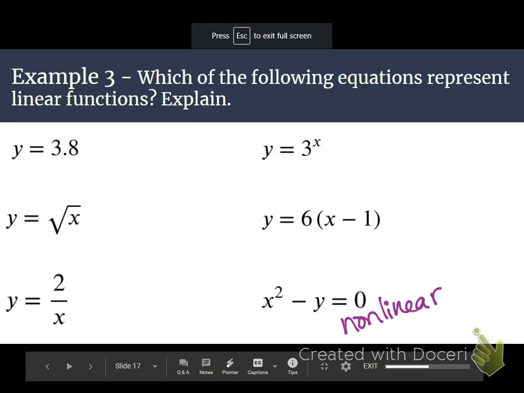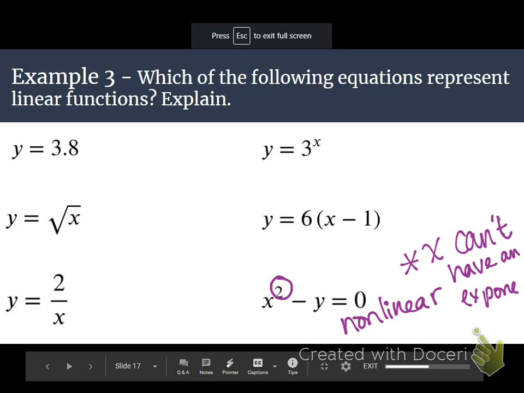It's going to be nonlinear because there is an exponent on x. x cannot have an exponent other than 1. So our reason there would be x can't have an exponent.